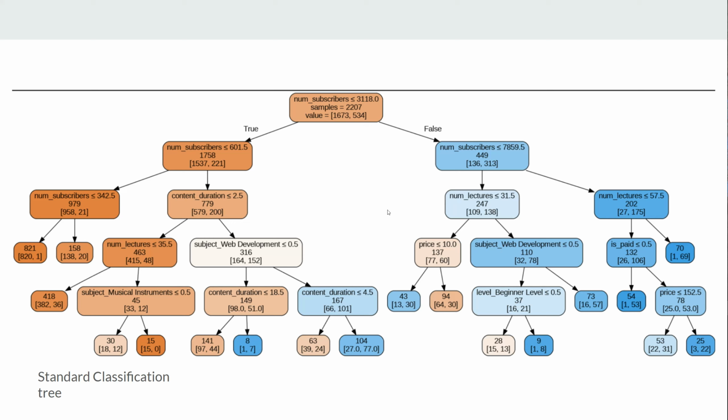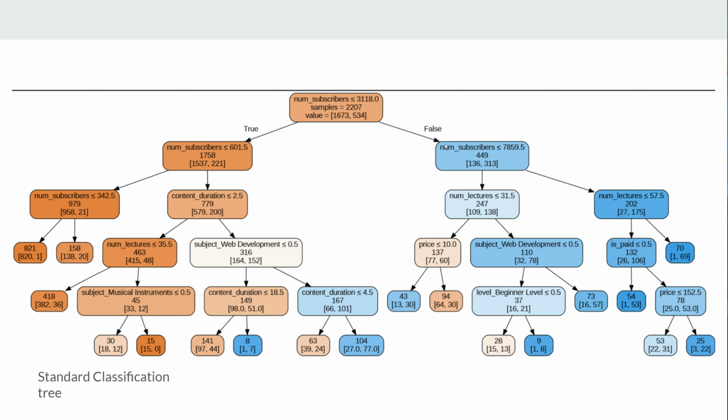On the other side, we have a near perfect node on the right. We have 69 classes that received a high number of reviews and one class that didn't, out of 70. We get there by starting with the number of subscribers, which is greater than 3,118.